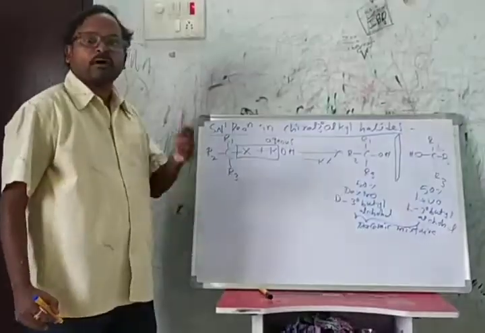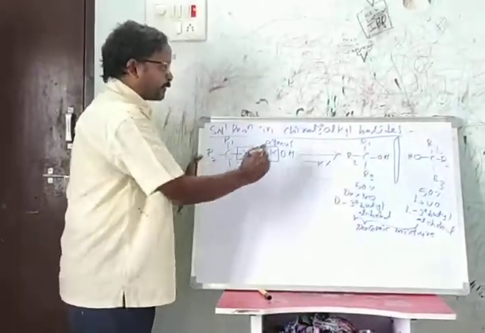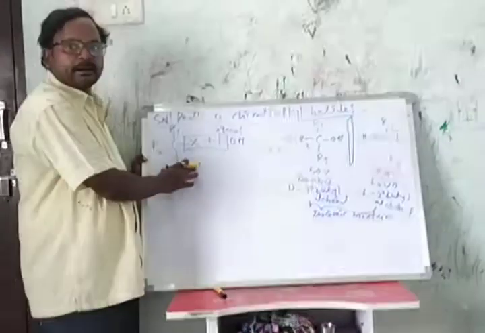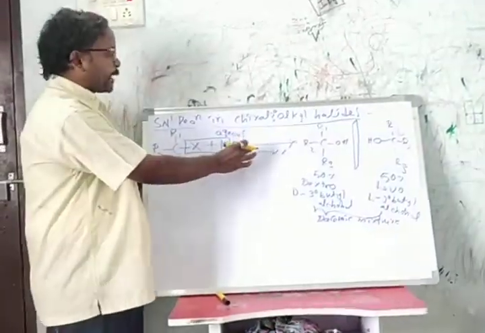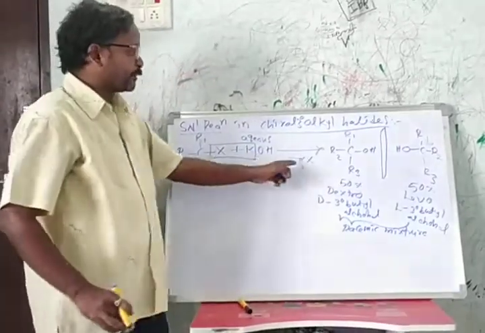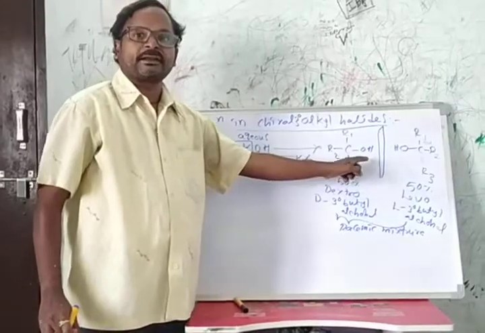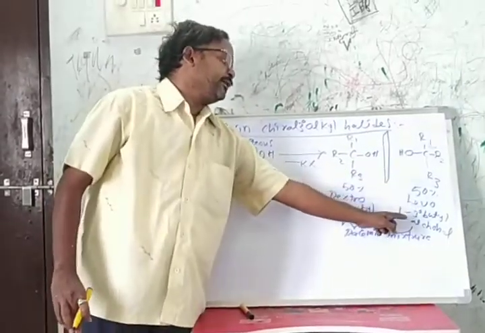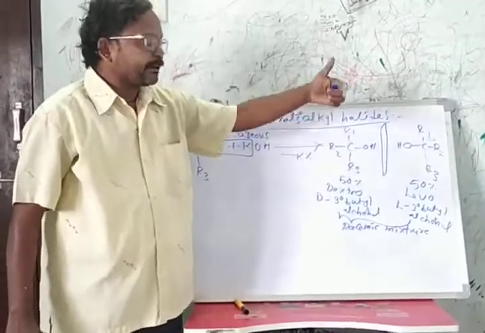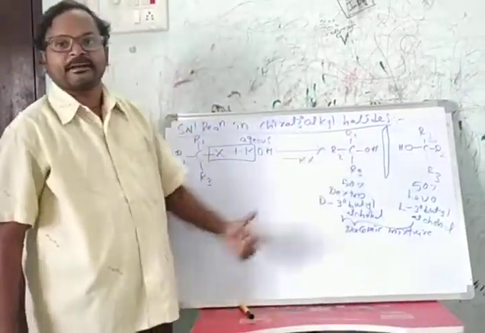Racemic mixture was formed here. And this is the reaction. When chiral tertiary alkyl halide reacts with aqueous potassium hydroxide, it loses KX and forms dextro tertiary butyl alcohol and levo tertiary butyl alcohol, 50% and 50%, which we call a racemic mixture.